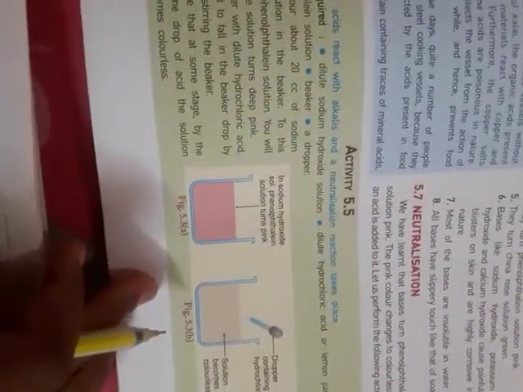In this, first you will write the definition of neutralization, and then you will write activity 5.5, to show that acids react with alkalis and a neutralization reaction takes place.